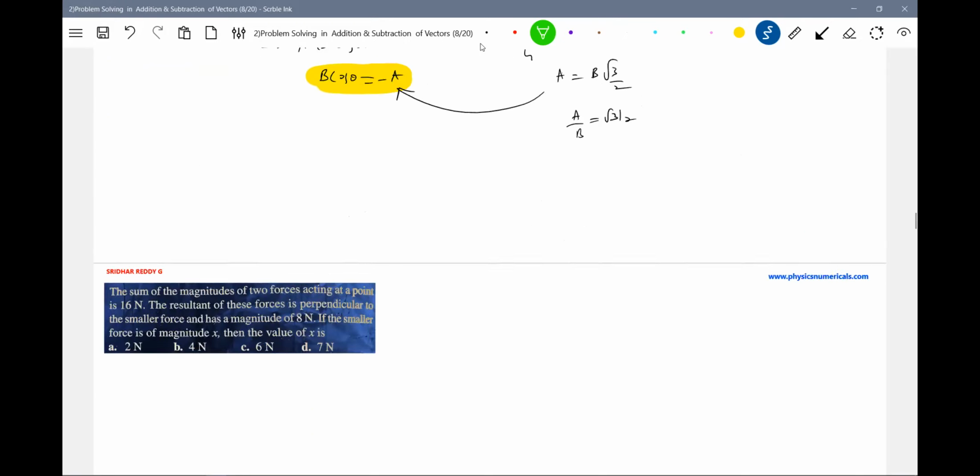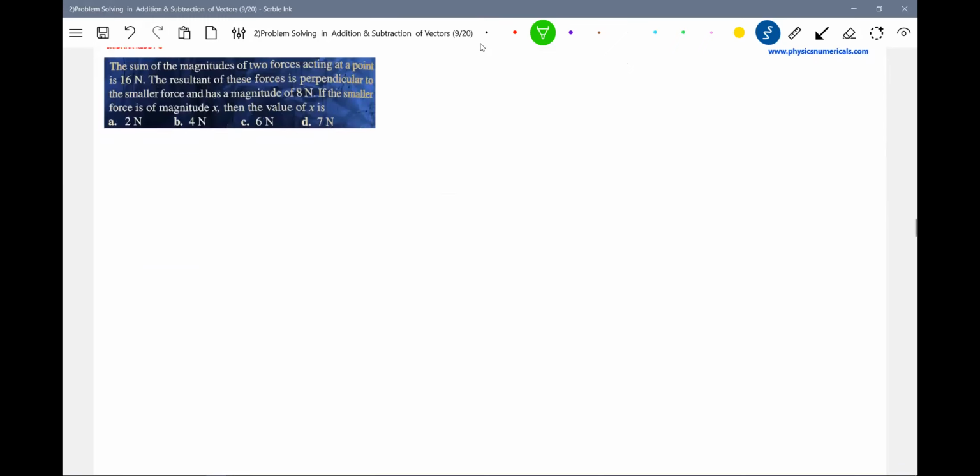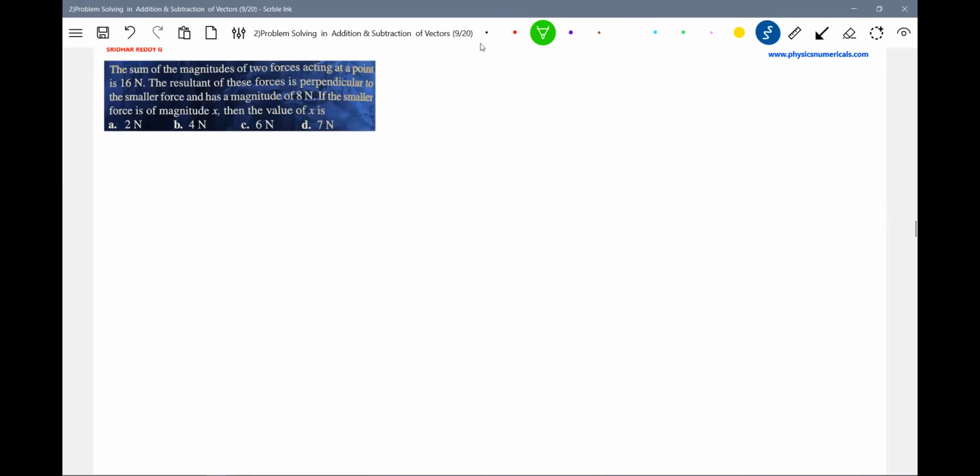We have to just keep on solving them. Nothing else is there. Just draw the diagram, work it out. I read the question. The sum of the magnitudes of two forces acting at a point is 60 Newtons. Sum of magnitudes means if I take the vector a plus b. The resultant of these forces is perpendicular to the smaller force and has a magnitude of 8 Newton.